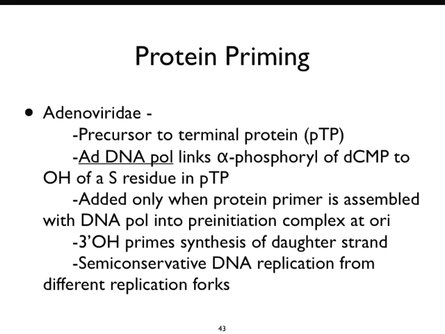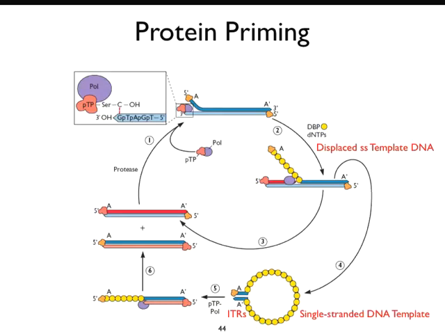So it doesn't just get randomly added to the protein, it only happens when that protein recognizes DNA. That allows for the 3' hydroxyl to act as a primer for the synthesis of the daughter strand. So that tells you immediately that the other strand has to end in a G, because it's got to be complementary. And then you get semi-conservative DNA replication from different replication forks. We'll show you how that works.